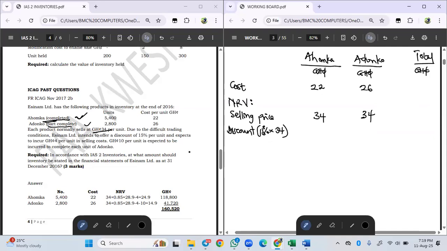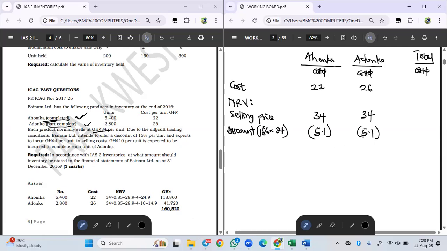So this is a discount allowed, an expense for the organization. So 15% of 34 is 5.1. They will deduct it, since they are giving discounts due to difficult trading conditions.